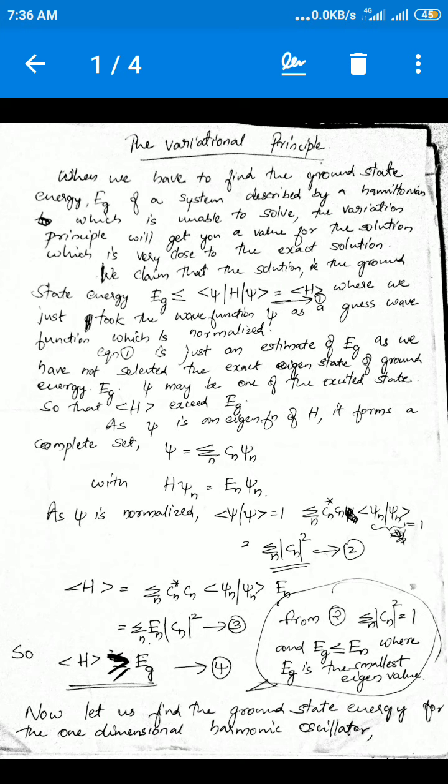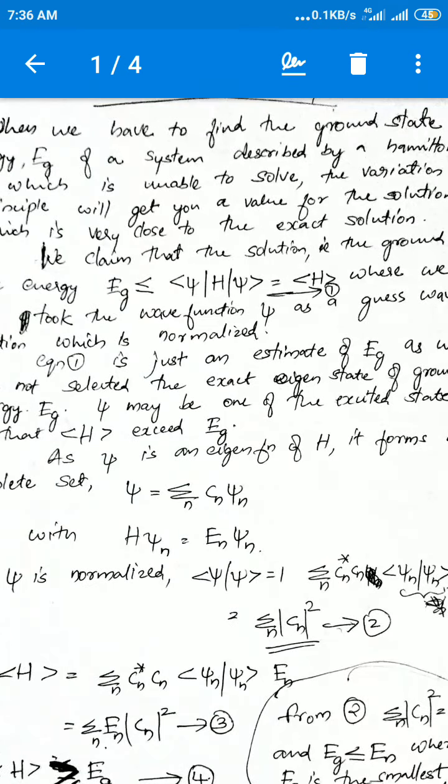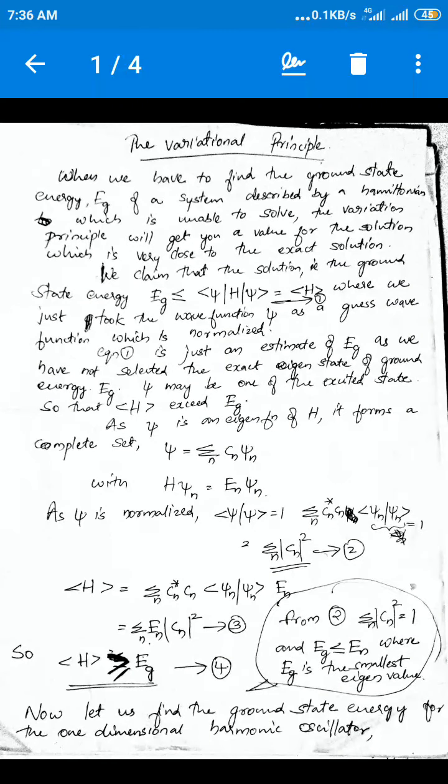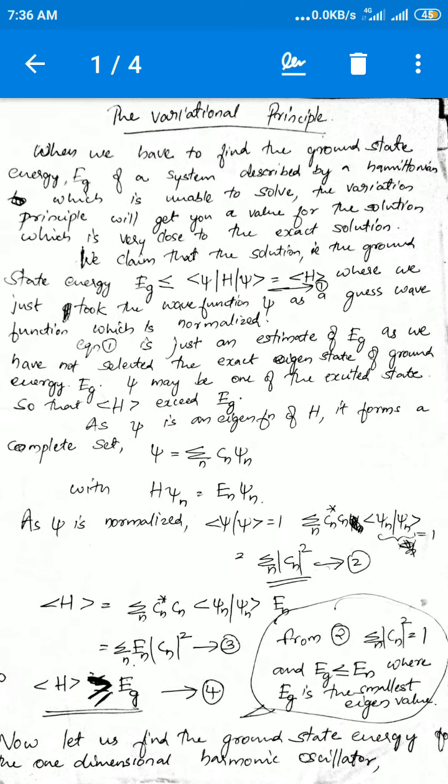So we claim that the solution, the ground state energy Eg, and we take the expectation value of the Hamiltonian in the state psi. We see that Eg is less than or equal to the expectation value of the Hamiltonian. That means we don't know whether it is exactly the Eg value which we will get when we compute the expectation value of the Hamiltonian.